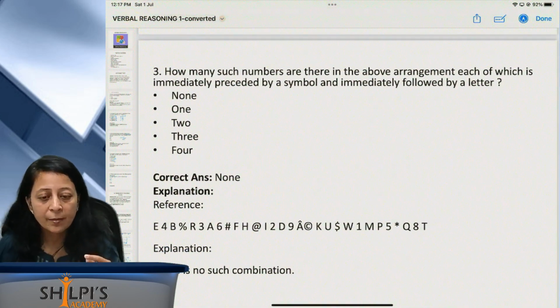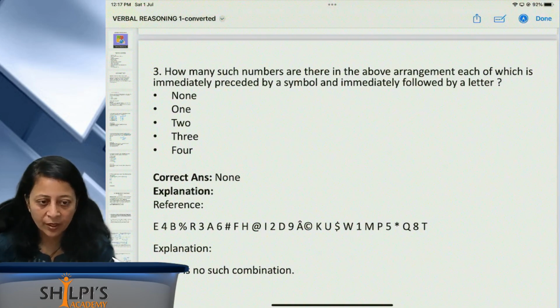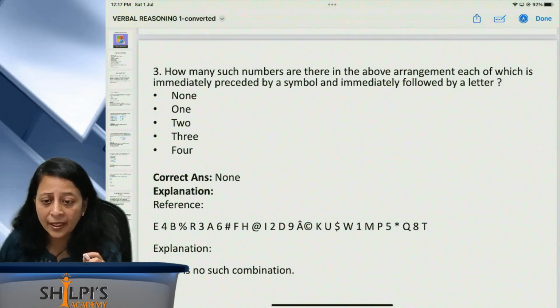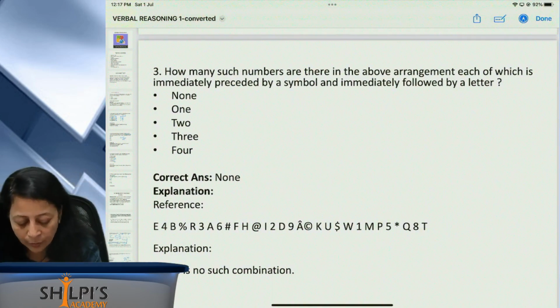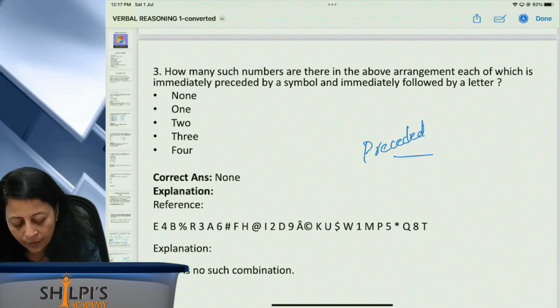How many such numbers are there in the above arrangement, each of which is immediately preceded? Preceding means the prior. Succeeded is at the back. Preceded is before. Succeeded is after.